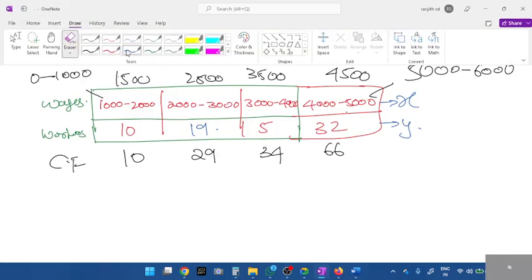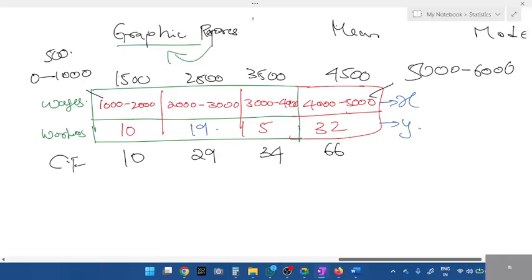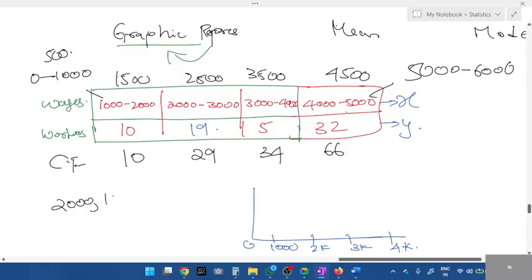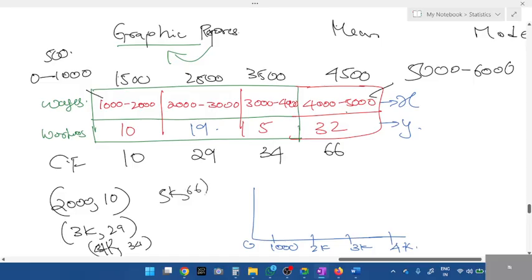For ogive, tell me what are the two values we take for the ogive graph. Be quick, all of you. Yes, we take cumulative frequency, and in the wages, which one do we take? Upper limit or lower limit? Upper limit. All of you remember 2k with 10, 3k with 29, 4k with 34, right? 5k with 66.